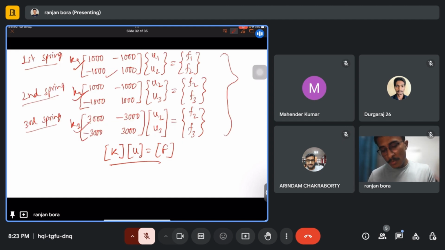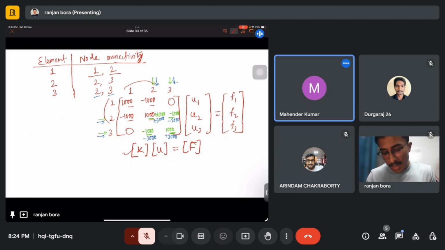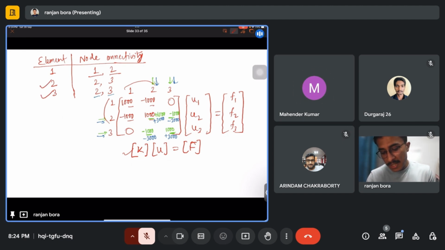So this is a 2 by 2 matrix, so we'll put that matrix in this 1 and 2 position. Is it clear?